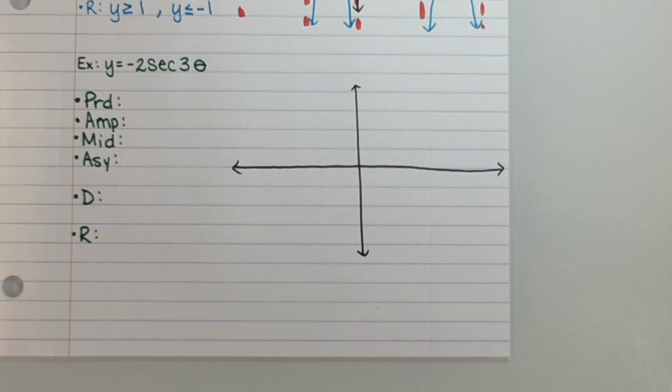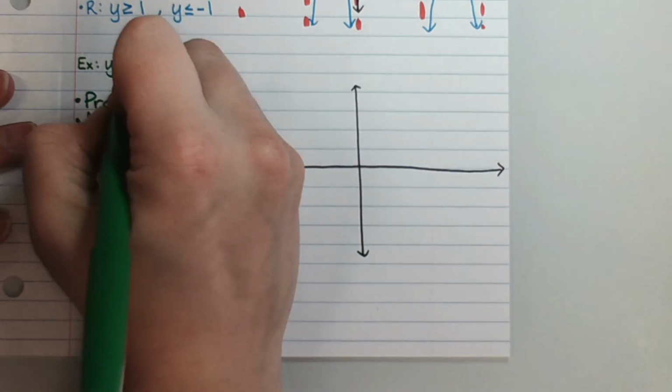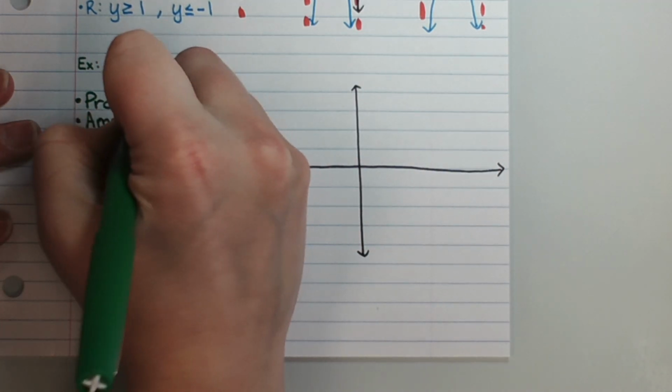Okay, what's the typical period for secant? 360. What am I dividing it by? 3. What is 360 divided by 3? 120.